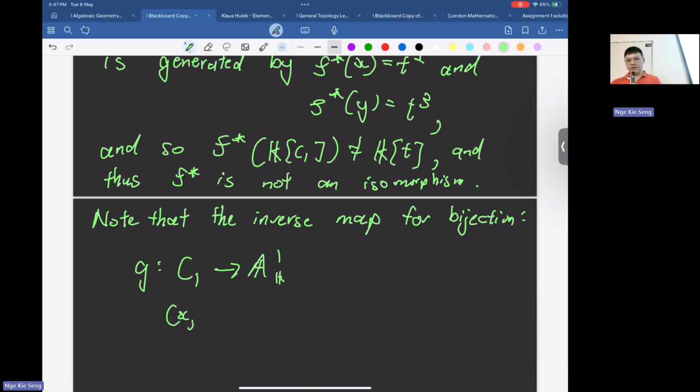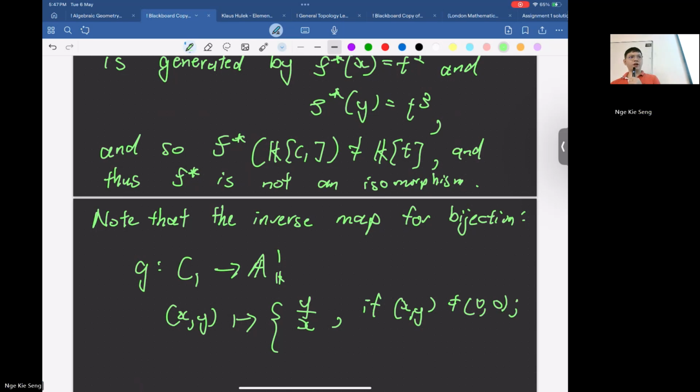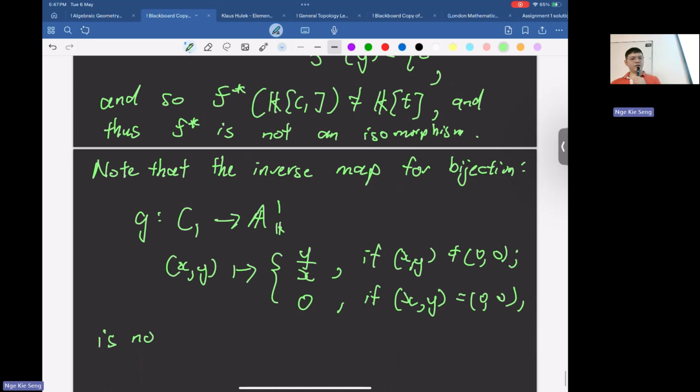How do we define it? We define it by quotient. Meaning what? Actually, there's one point for this function not defined, which is the origin. We need to send the origin ourselves. But if we define like this, what does it mean? This is a piecewise function. Actually, this is not a polynomial map.